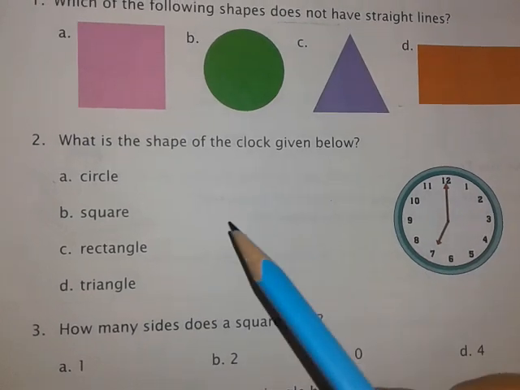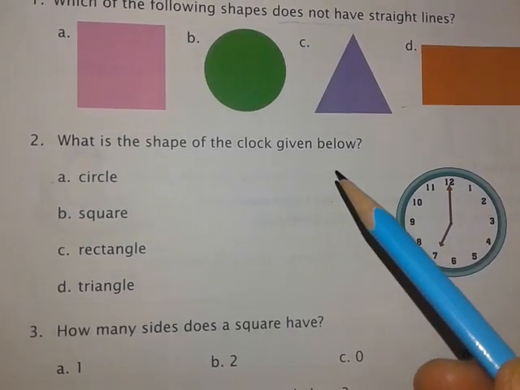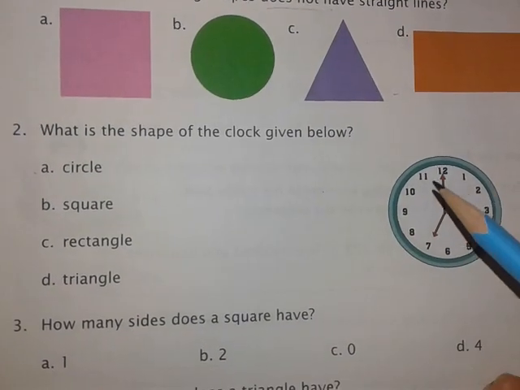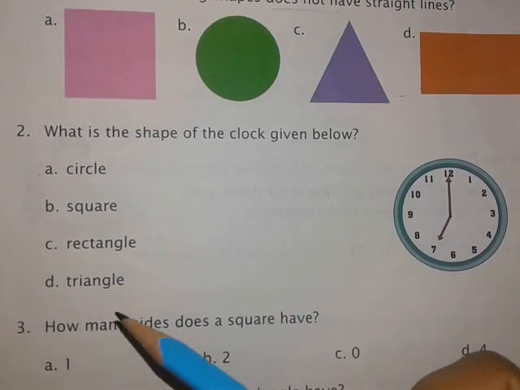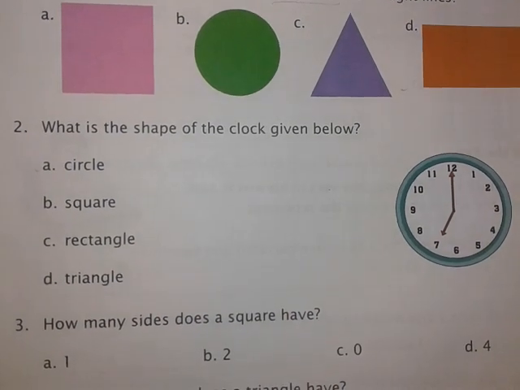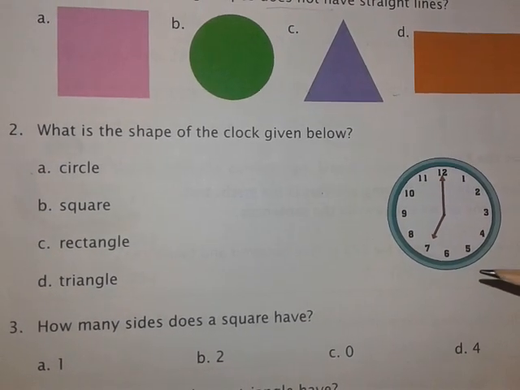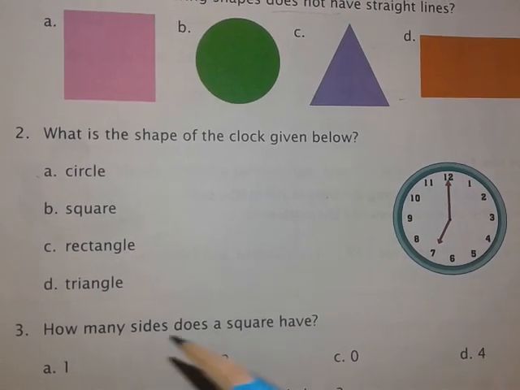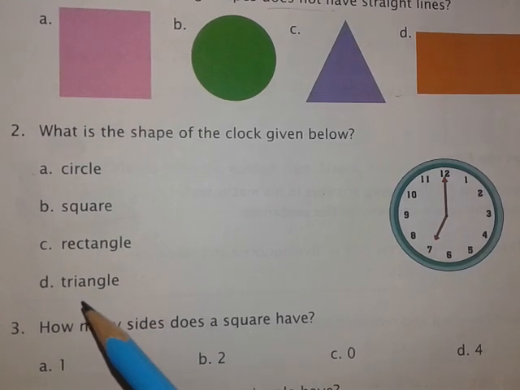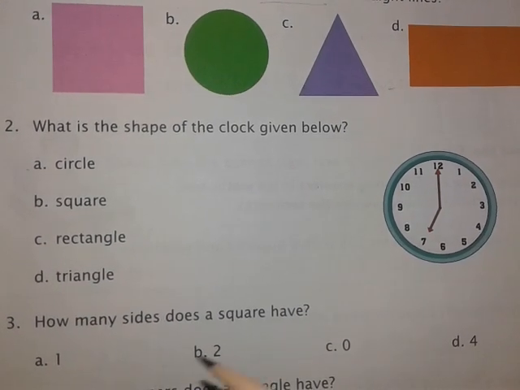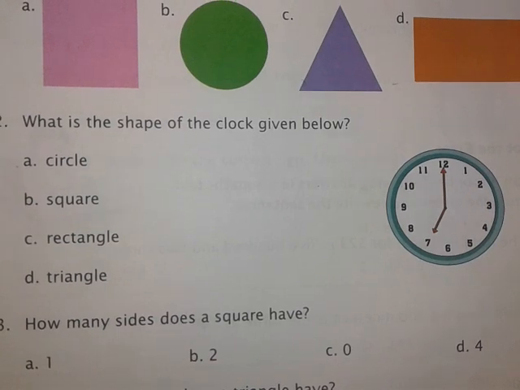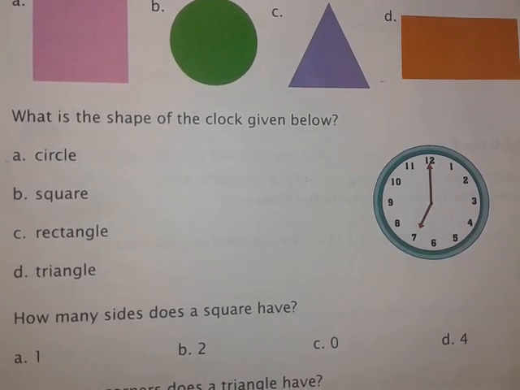Number 2. What is the shape of the clock given? Here a picture of a clock is given and the options are given here. In this context I want to tell you, students, that a clock is a solid object, but the names of the shapes given are plane shapes because this is an exceptional case.